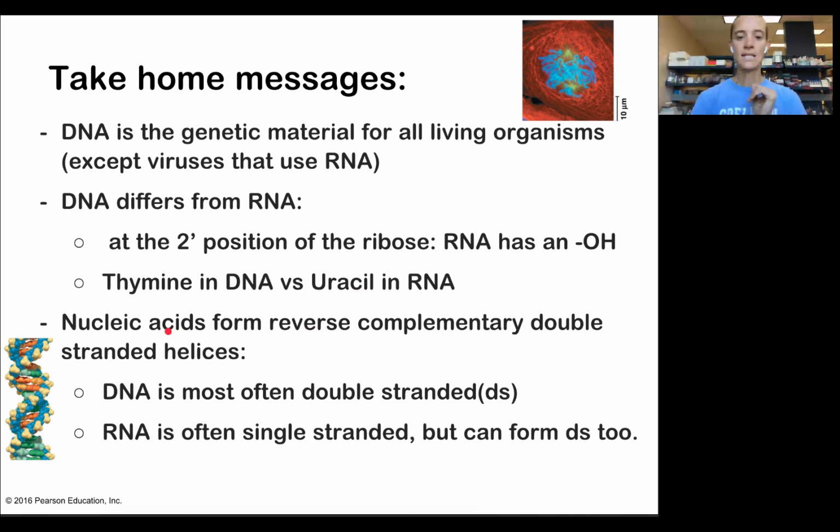The nucleic acids form reverse complementary double-stranded helices. So the DNA is most often found as double-stranded, while the RNA is often found as single-stranded, but can also form double strands. So mRNA is often found as a single strand, but tRNA is one single molecule of RNA that is folded, and in that folding, it becomes double-stranded.